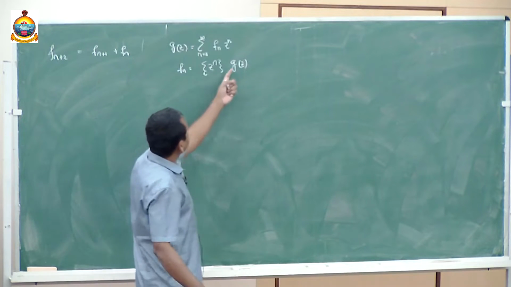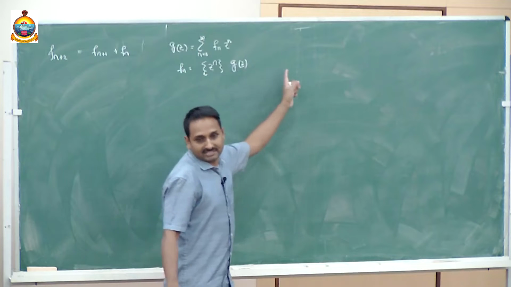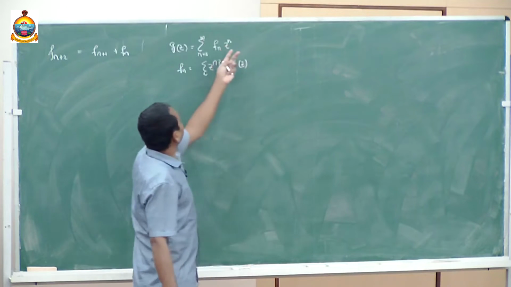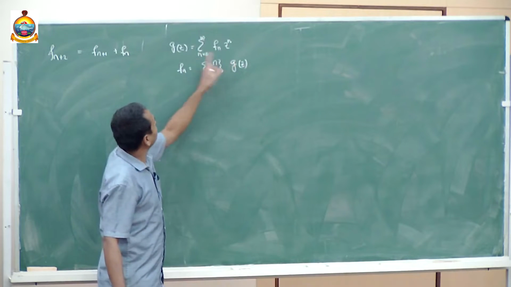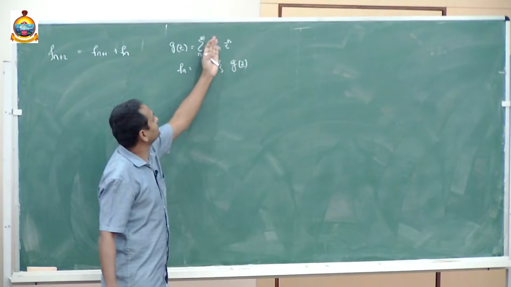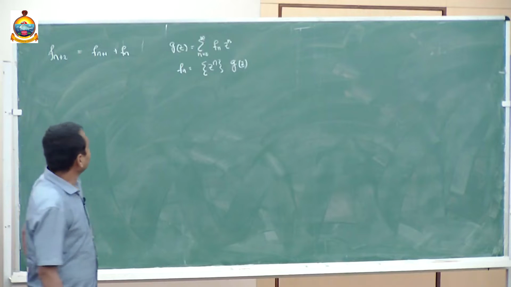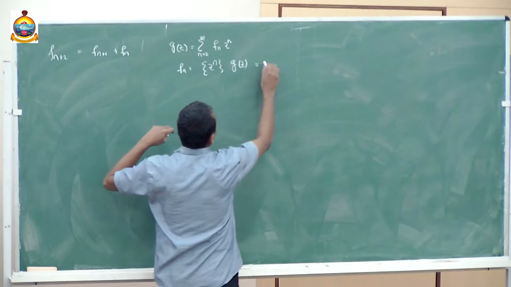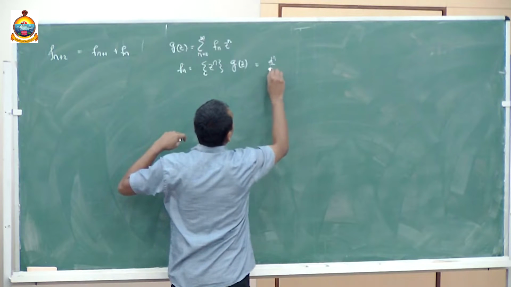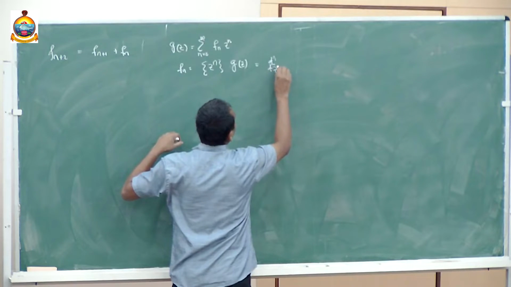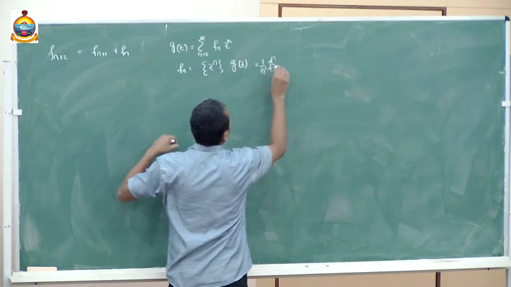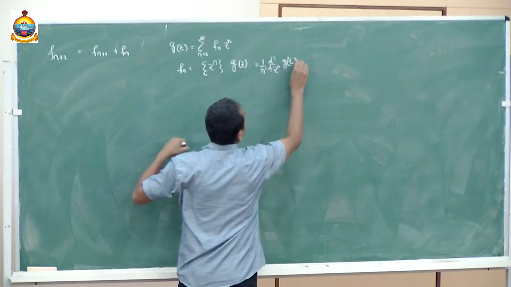So you expand this function in a Taylor series about z equal to 0, and you just pick up the coefficient of z to the power n. That is pretty obvious, right? One method is d^n by dz^n, 1 by n factorial, g(z) at z equal to 0.